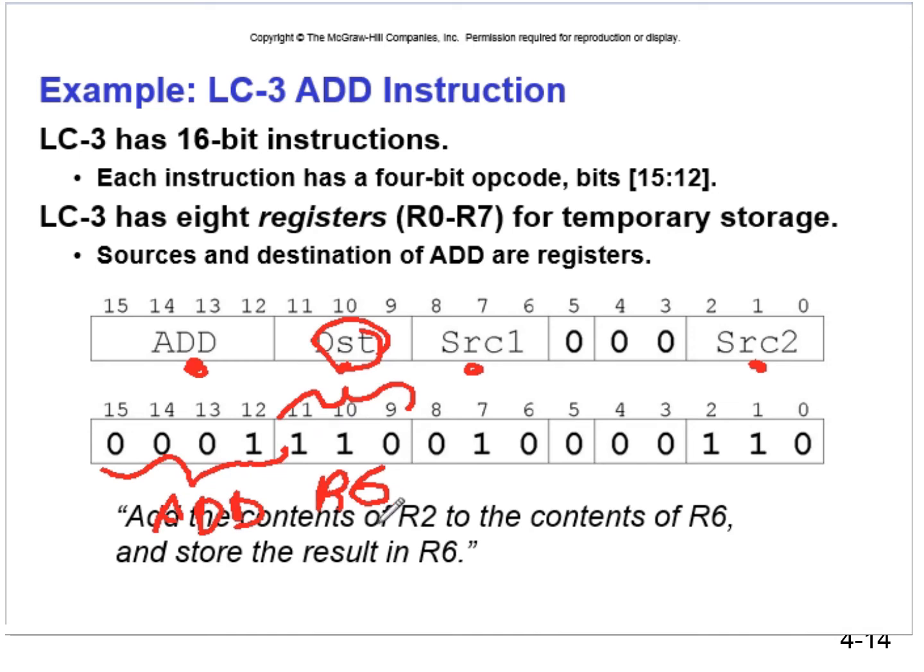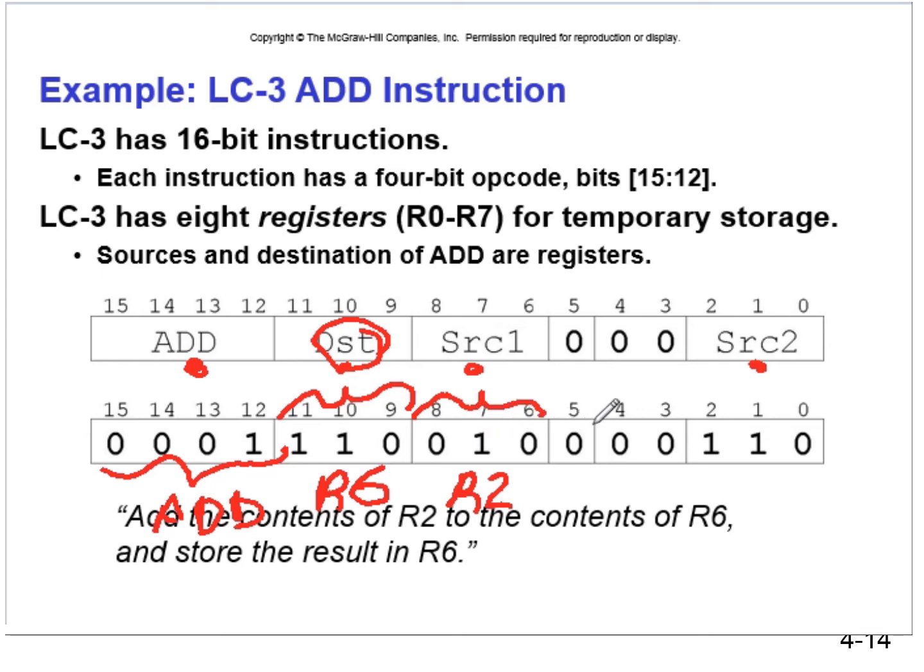That's R6, register 6. 2 plus 4, 6. Okay. So the first operand of this add, source register number 1, is here in bits 6, 7, and 8. No 1s, 1, 2, no 4. So this is R2. So we're going to add the contents of R2.